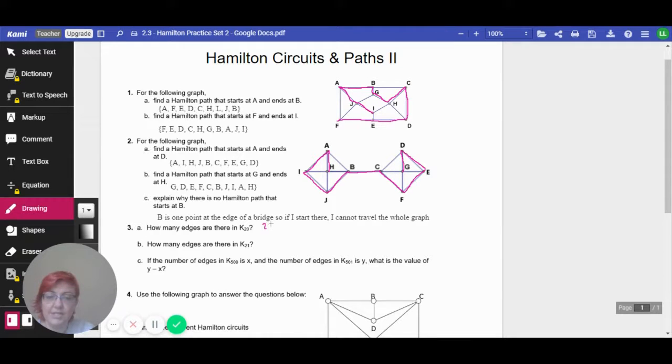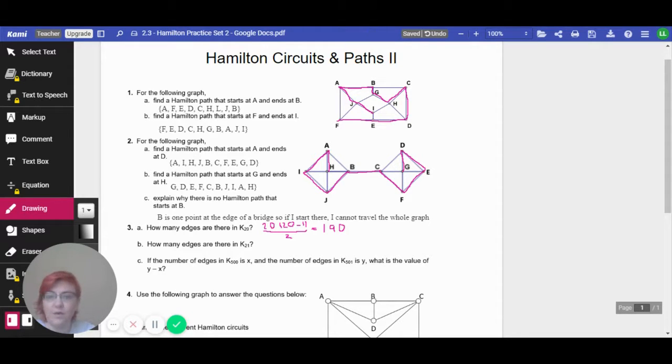So that is 20 times 20 minus 1, and then that whole thing is divided by 2. I'm going to grab my calculator. 20 times 20 minus 1 divided by 2. I find that there are 190 edges in a K20 complete graph.